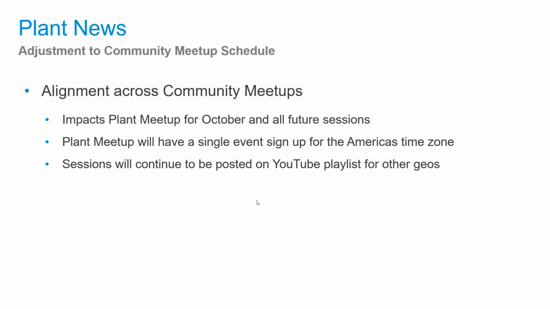So these 3 calls will be replaced with one call. It will be held, I guess, still friendly for EMEA, so kind of in the late afternoon. That will be the morning for America. But there will be just one call rather than these 3 calls that we had up to now.